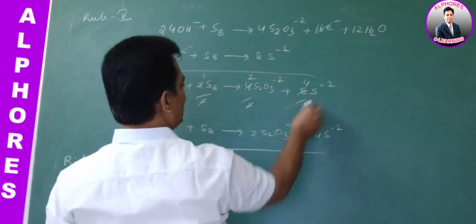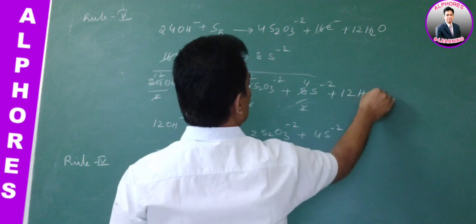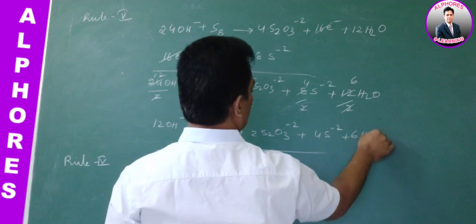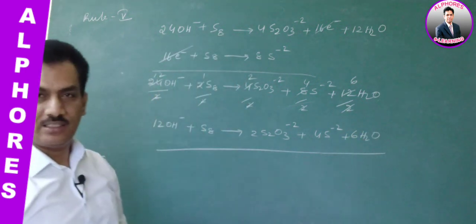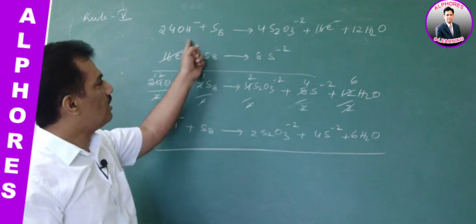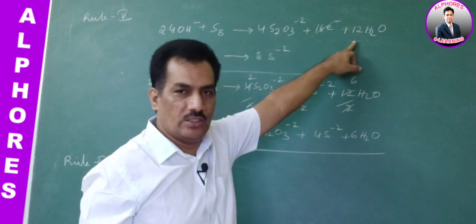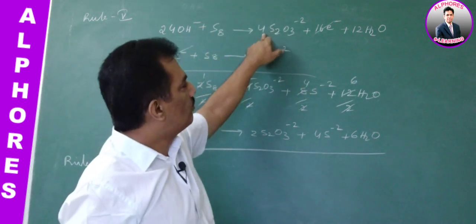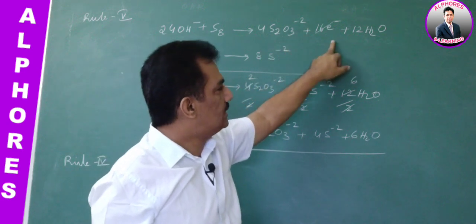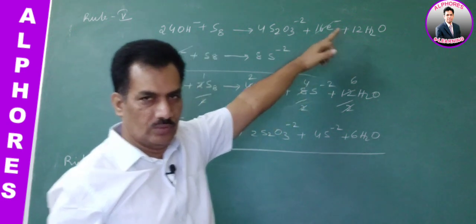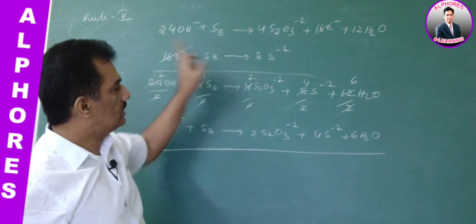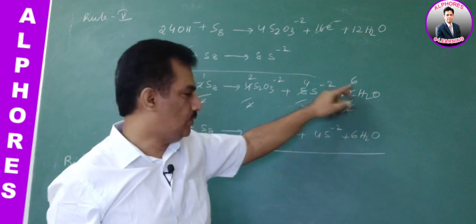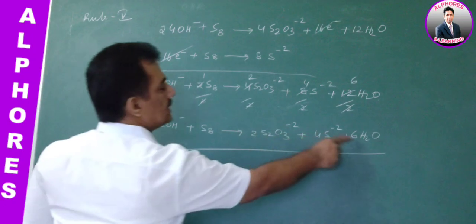And now along with this we are having 12 H2O, so divided by 2 it is nothing but 6 H2O. Yes, we forgot to write that net H2O there. In the oxidation half reaction we have 12 H2O also. Just go to that step. There we have 4 S2O3 minus 2 plus 16 electrons plus 12 H2O. Is it not there? And now this 12 H2O divided by 2 is 6 H2O. Now this is the balanced equation.